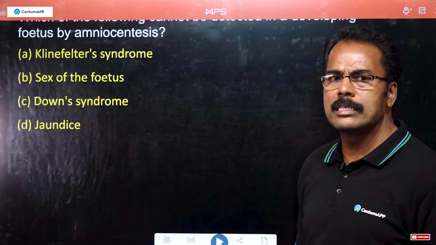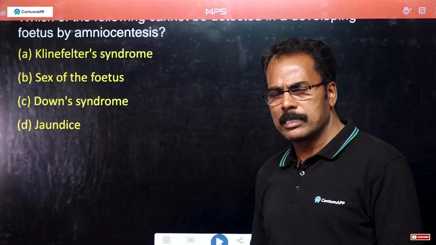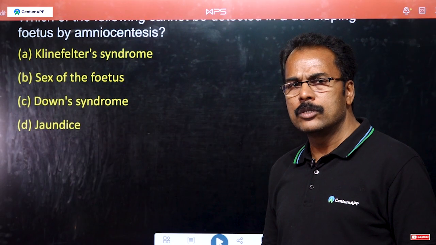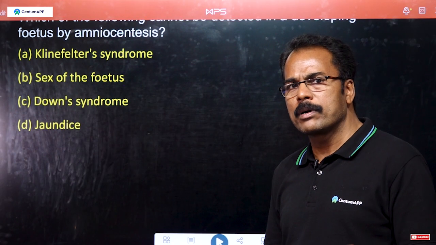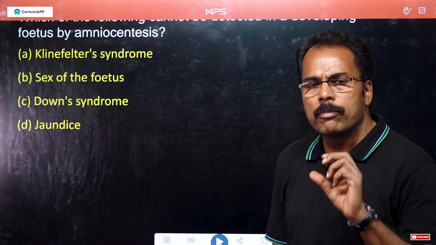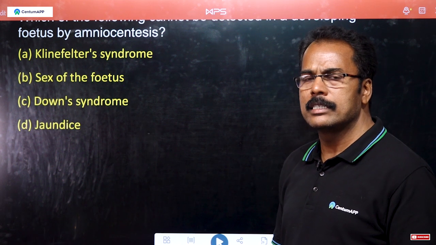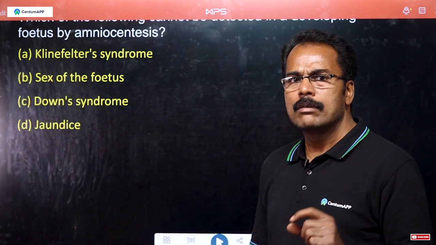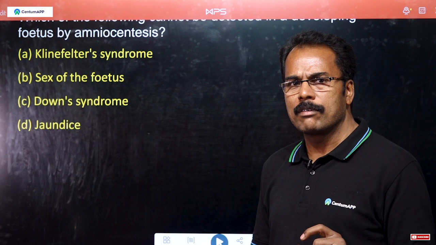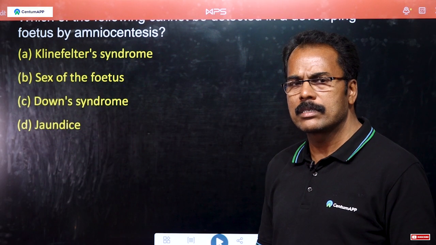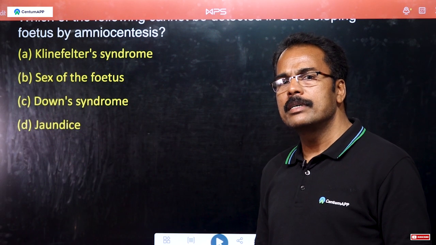Why? Because jaundice is a disease developed due to improper processing of dead cells, especially dead RBCs. When the RBCs complete their 120-day lifespan, they are sent to the liver.